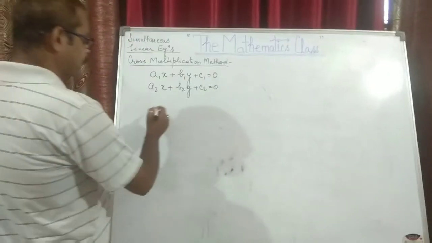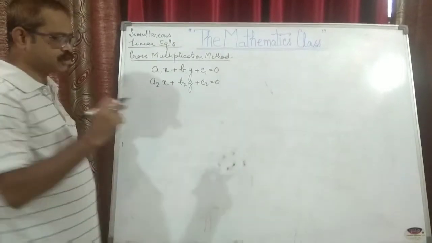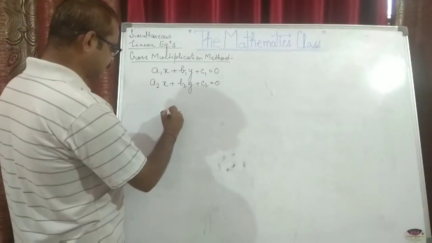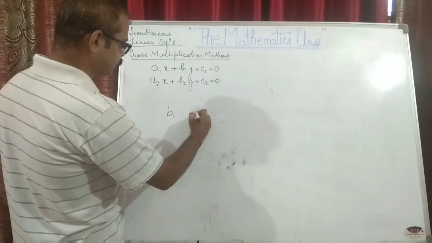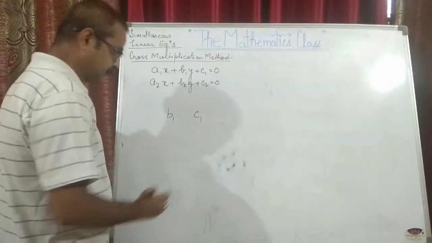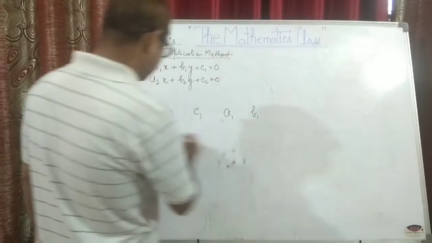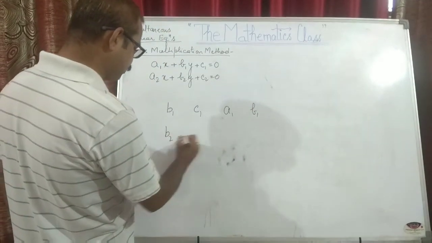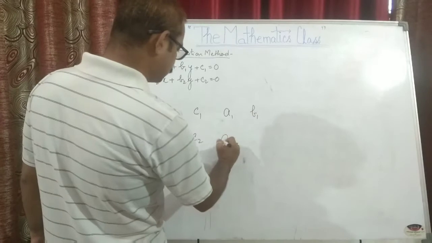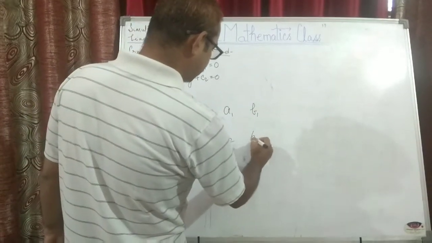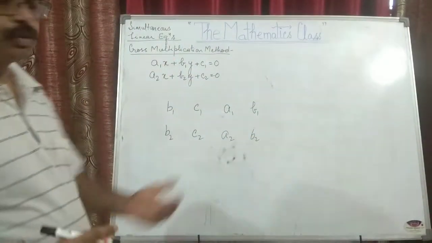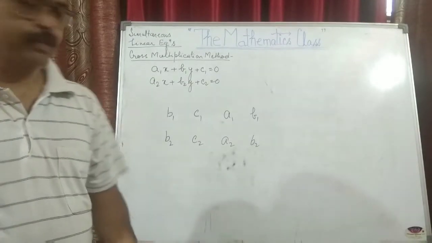So what do we do? We write the coefficients like this: b1, c1, a1, b1 and b2, c2, a2 and b2. I am trying to tell you how this formula came about.